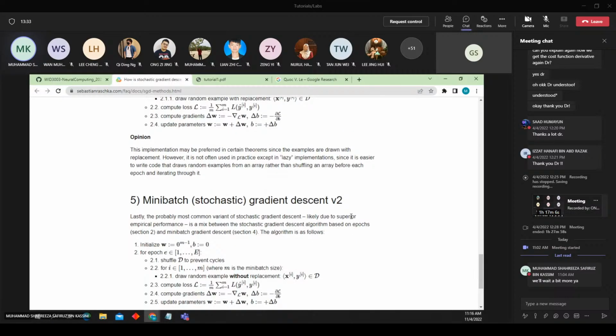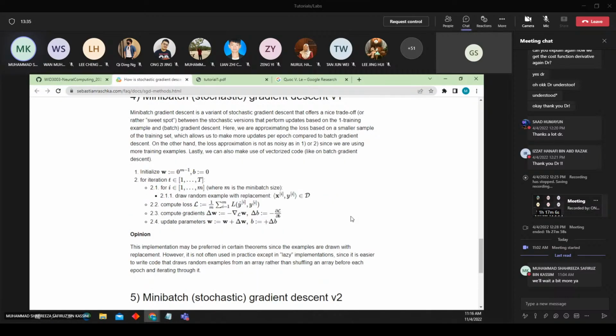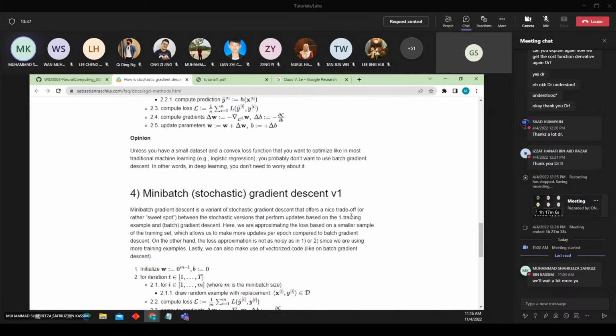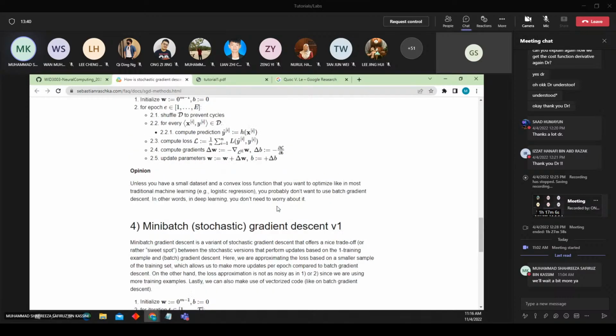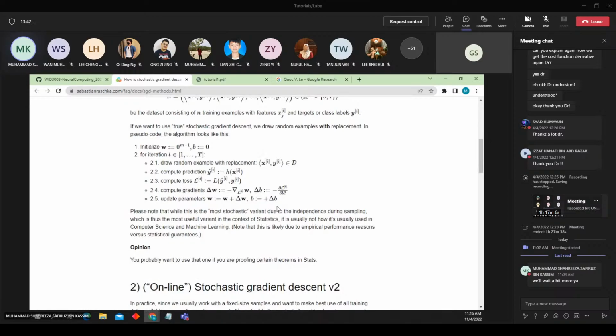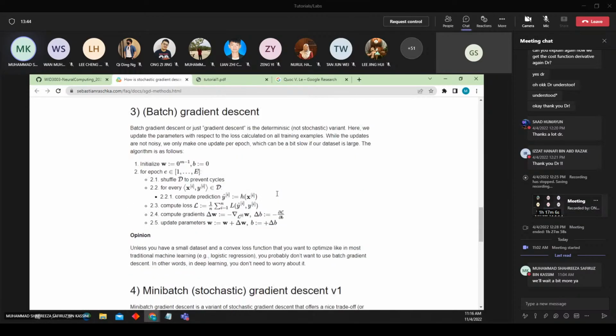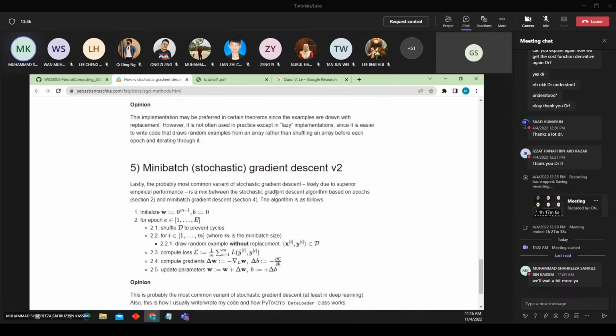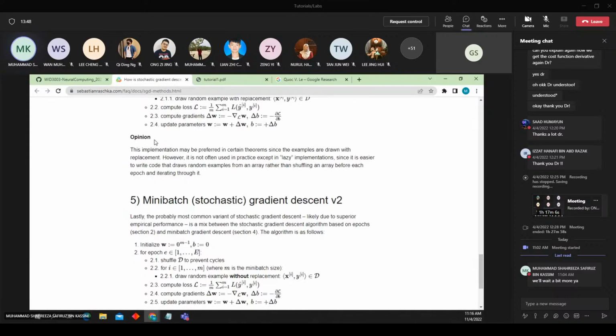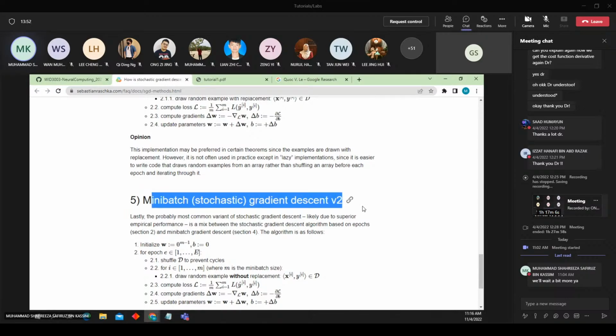So you have three types of gradient descent: stochastic, batch, and mini batch. Even for the stochastic, you have two versions, and even for the mini batch, you have two versions as well. So there's a lot of variation of the different approaches there.